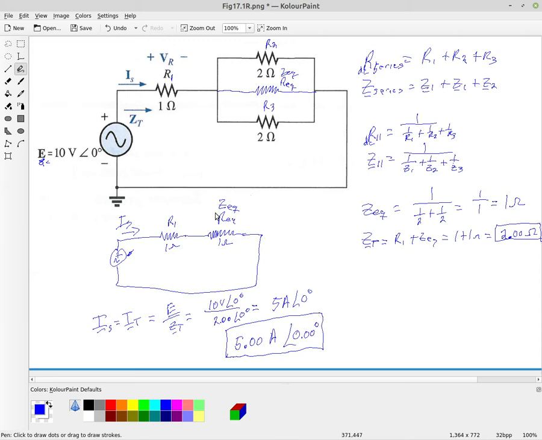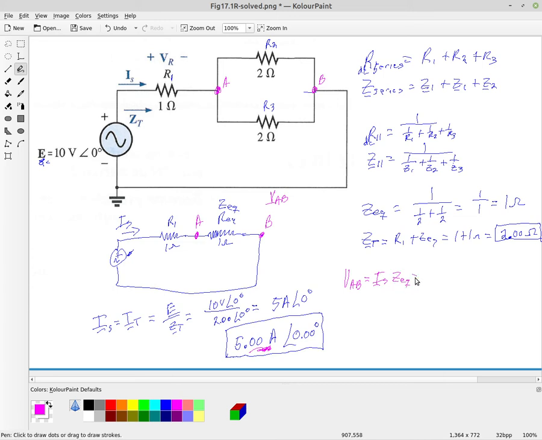Okay, so we can now come up here like we did with our DC circuit. We marked points A and B, so we can define the voltage VAB. Now this is a phasor voltage, but if we use this equivalent circuit, we can find that VAB is our supply current times our equivalent impedance.